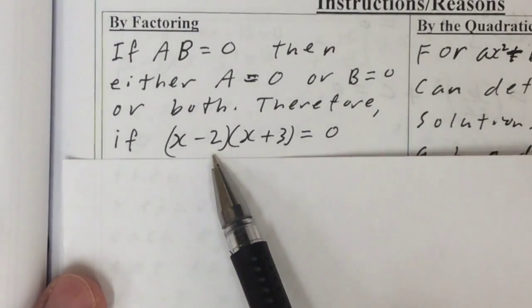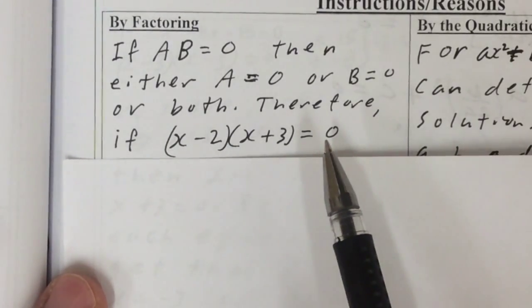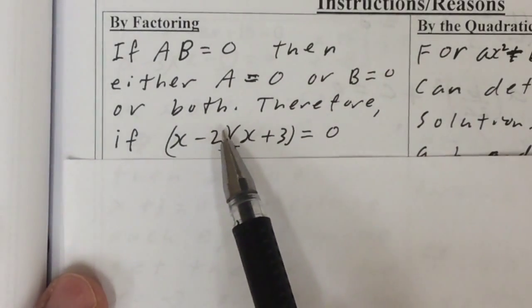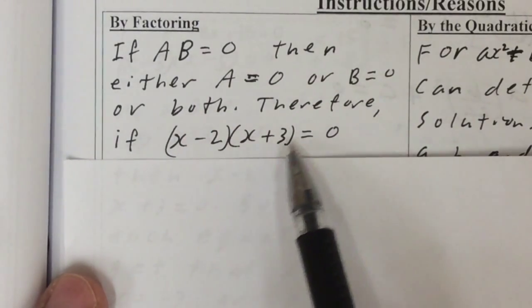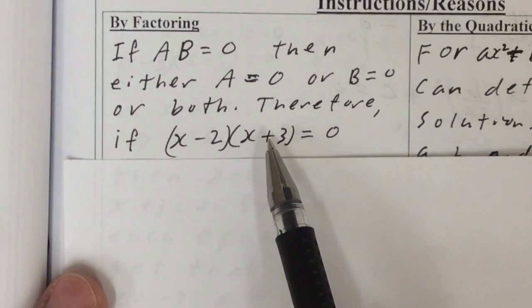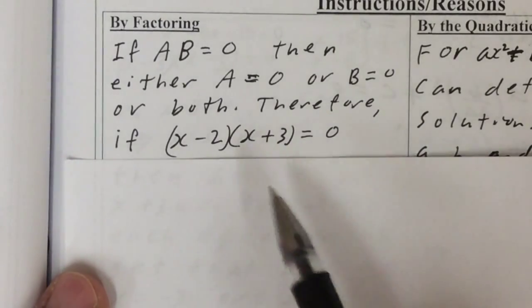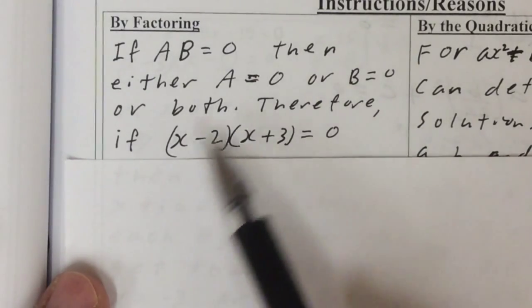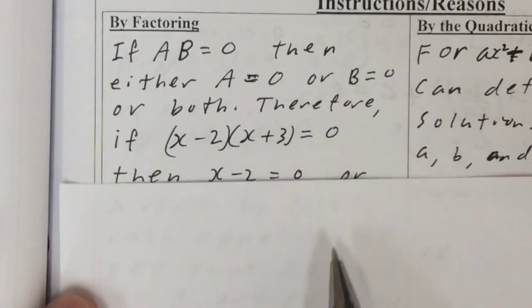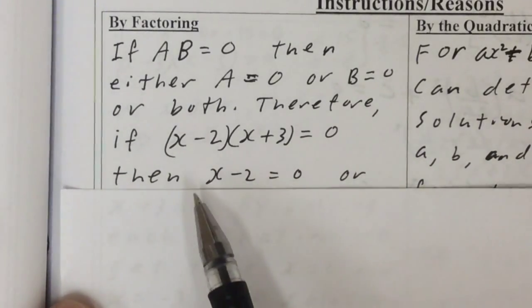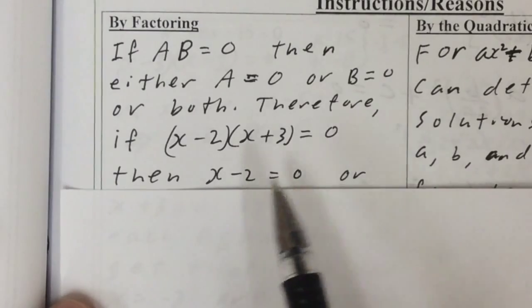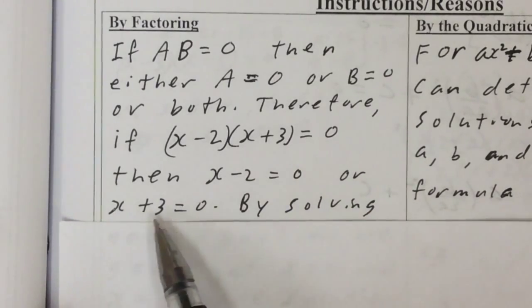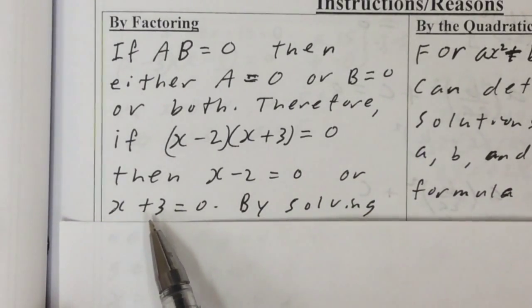So if you had x minus 2 times x plus 3 equals 0, well, now you can say that x minus 2 equals 0 or x plus 3 equals 0. If you're looking for all possibilities for x that make this true, the first one is x minus 2 equals 0, and the second one is x plus 3 equals 0.